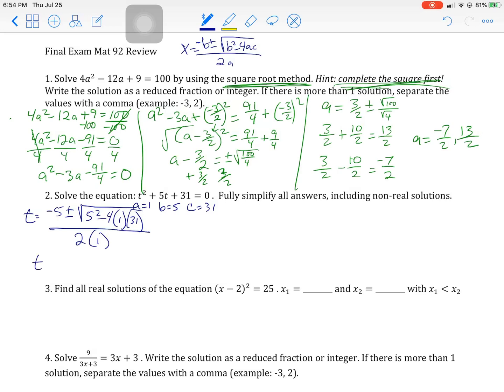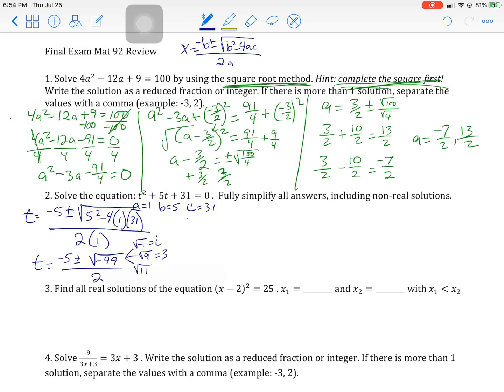All right, so this is going to be T equals negative 5 plus or minus the square root of negative 99 over 2. Now, negative 99, that's a negative radical, so we need to take that out as an i. The biggest square root in there is a 9, which is a 3, and then what's left is an 11.